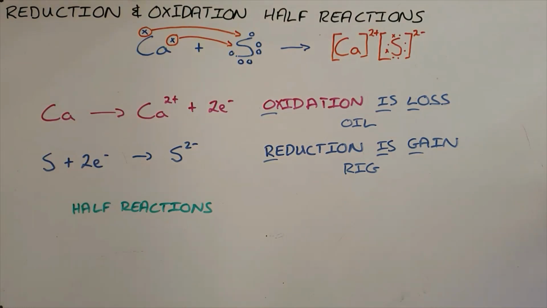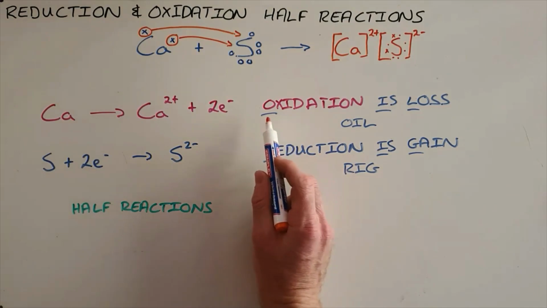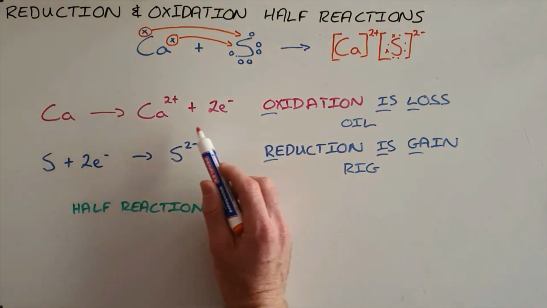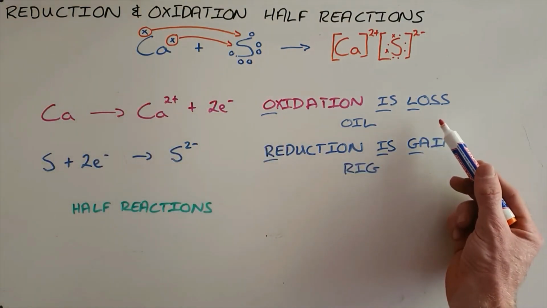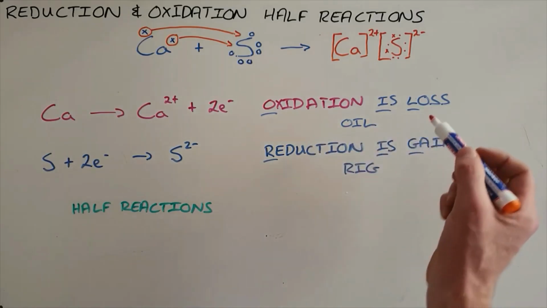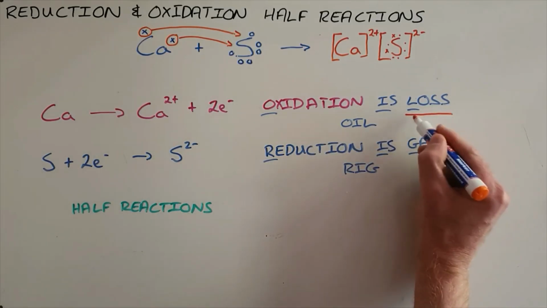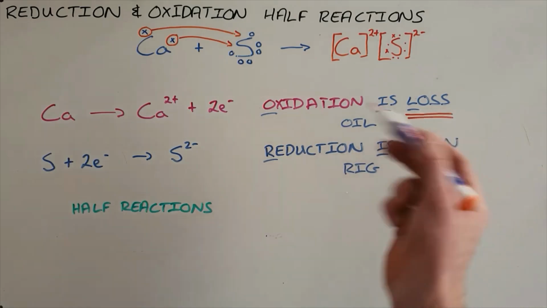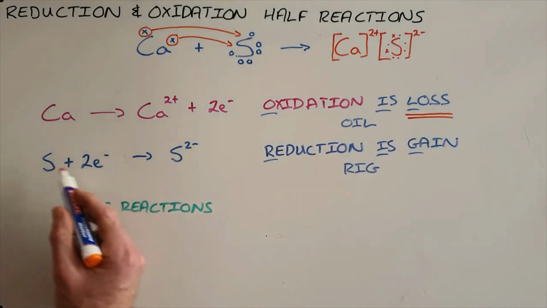Another term that is important in this section is the oxidizing agent. So we know that calcium is undergoing oxidation because it loses its electrons, but it can only undergo oxidation, meaning it can only lose those electrons, because sulfur is able to gain those electrons.